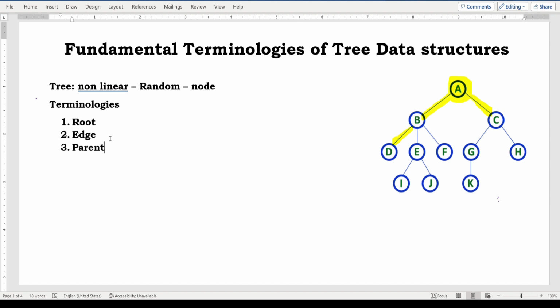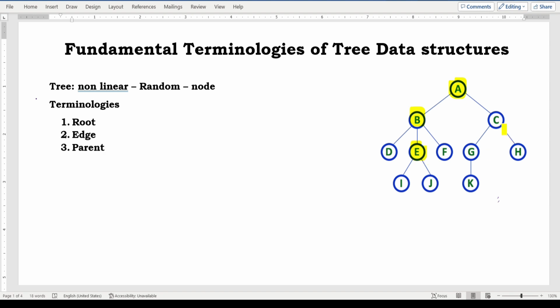A parent node can also be defined as a node which has a child or children. So in this case, which are the predecessors? Let me erase this marking. So the predecessors are, let me draw again, A, because A is the predecessor of B and C, and B is the predecessor of D, E, F. So these are all parent nodes.